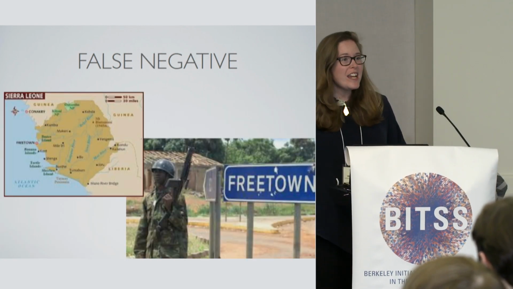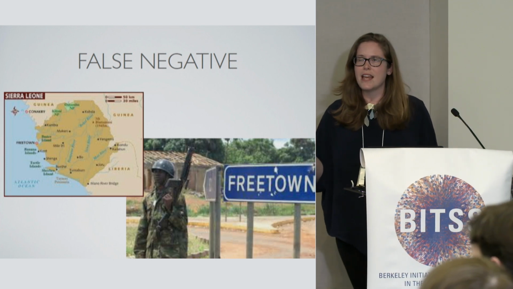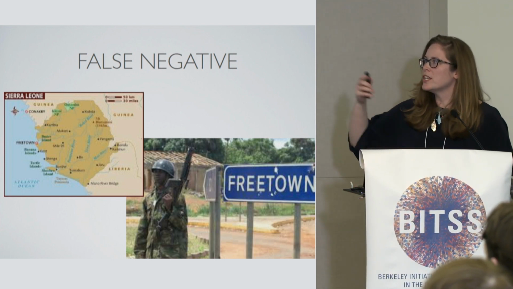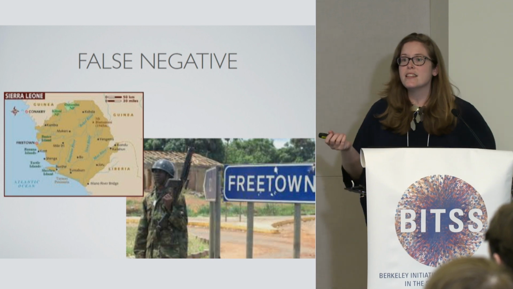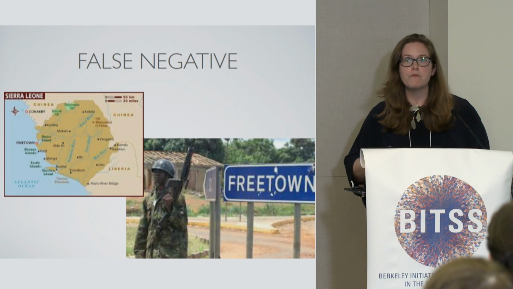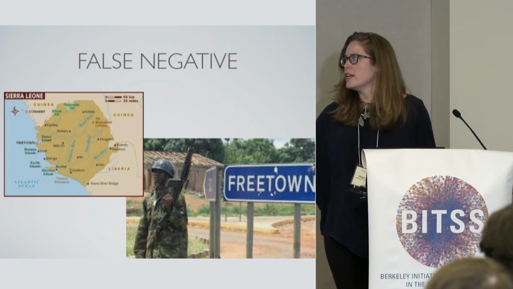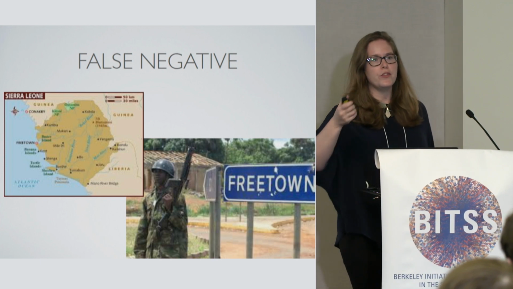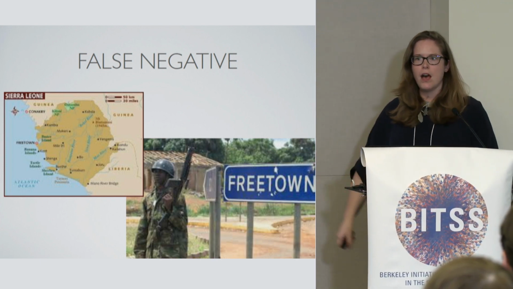In terms of a false negative, we can stay in the year 1997 and stay in Africa. We can look at the civil war in Sierra Leone. In discussing the 1997 Lomé peace agreement between the Revolutionary United Front and the Sierra Leone government, Ross noted that the peace agreement had nothing to do with natural resources.